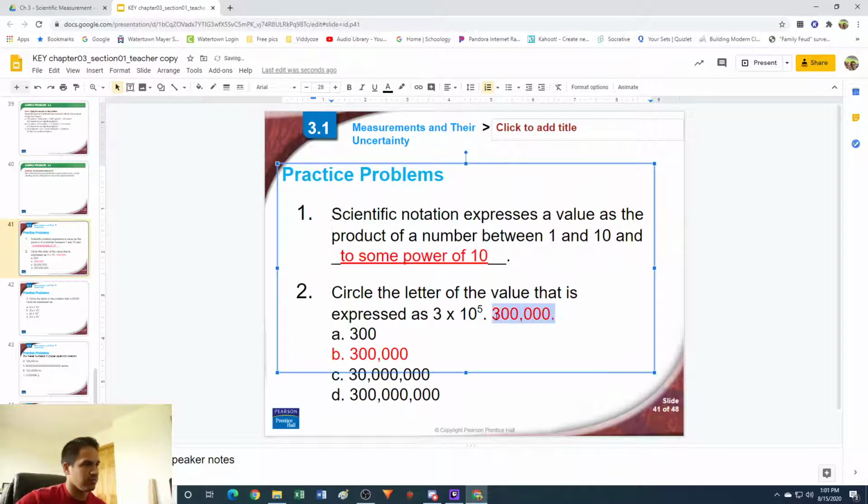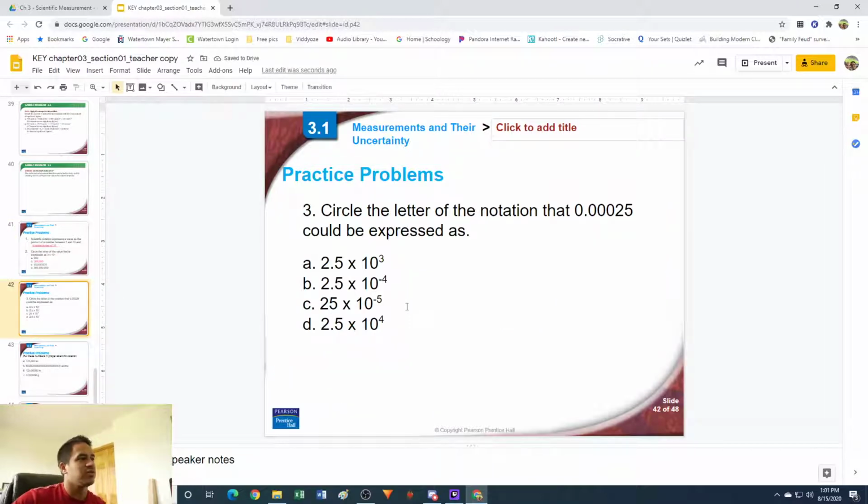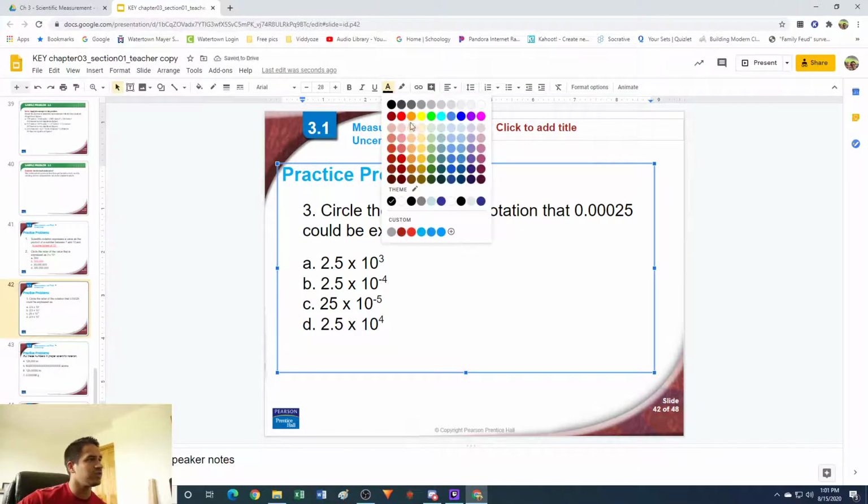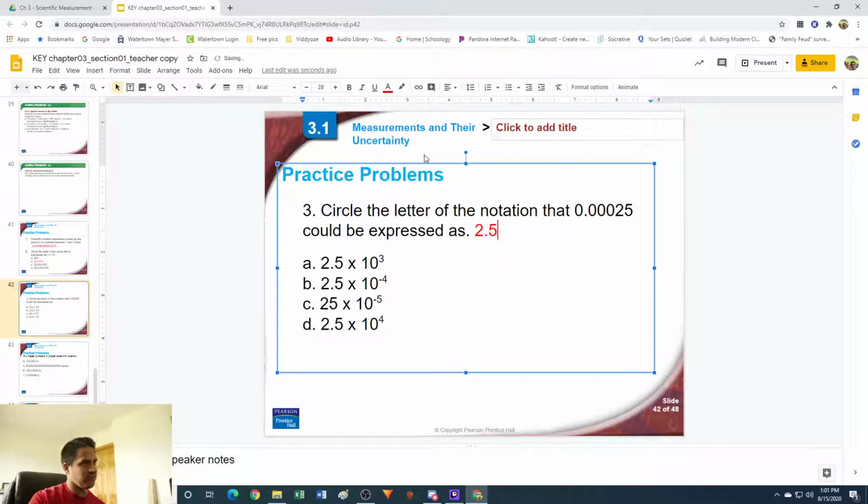Okay, moving on to number 3. Circle the letter of the notation that 0.00025 could be expressed as. In this one, the decimal now is over to the left. We need to move it so that it's between the 2 and the 5. So when we're done, we want this to be 2.5 times 10 to some power.